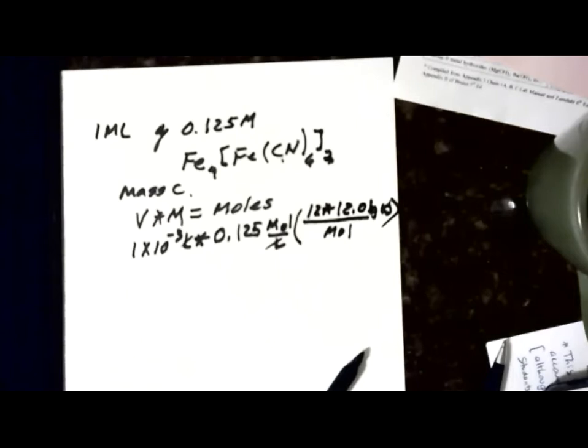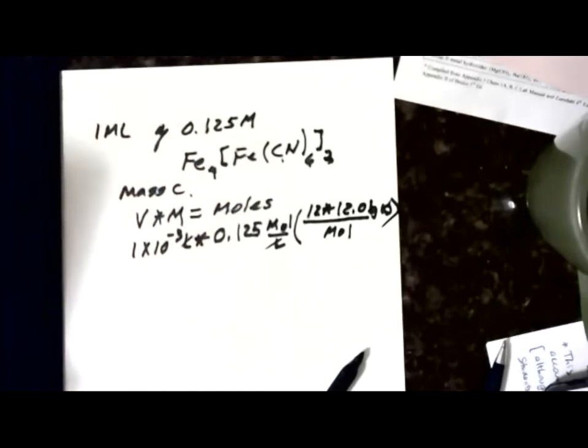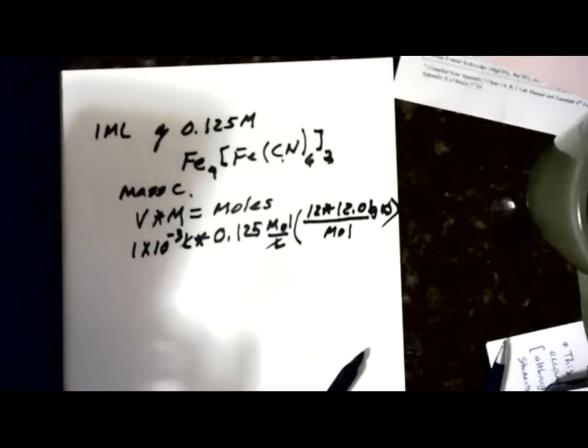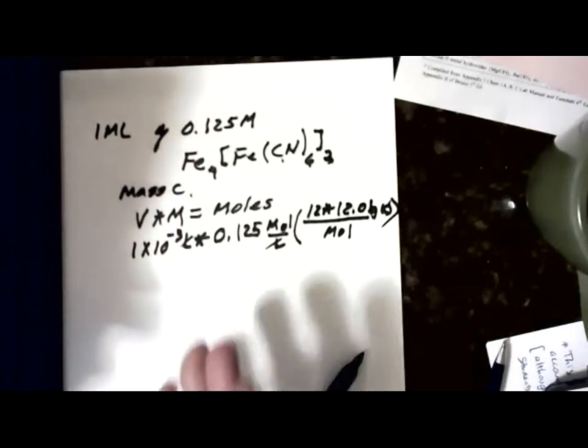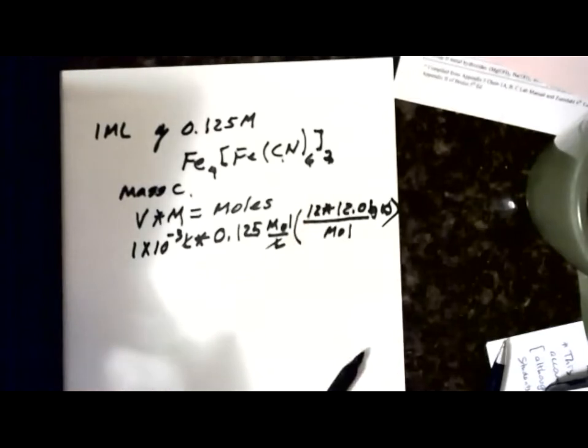So I'm doing my calculator now, 1 with an exponent of -3 times 0.125. That's going to give me the moles of compound. Then I'm going to multiply that by 12 and multiply that by the atomic weight of carbon, 12.01.